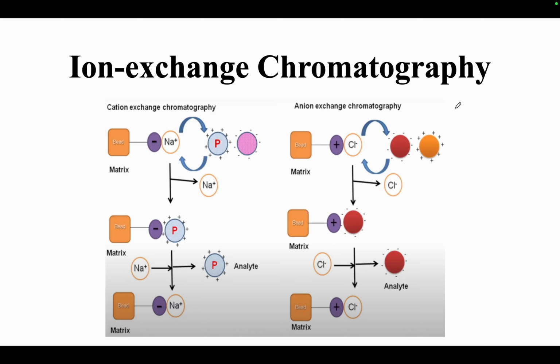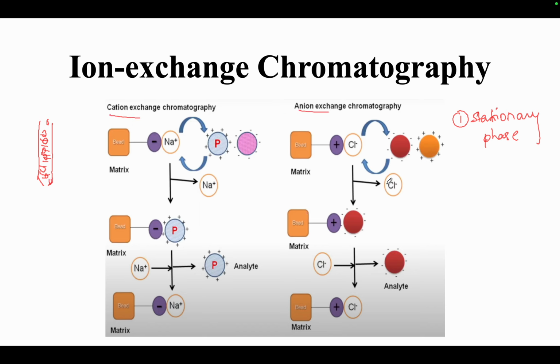So first we'll have a stationary phase packed. Okay, so we'll make a stationary phase, that is, we'll pack the column. If this is a column, we'll pack it with the stationary phase, that is, it will contain beads, which could either be cation exchanger or anion exchanger.